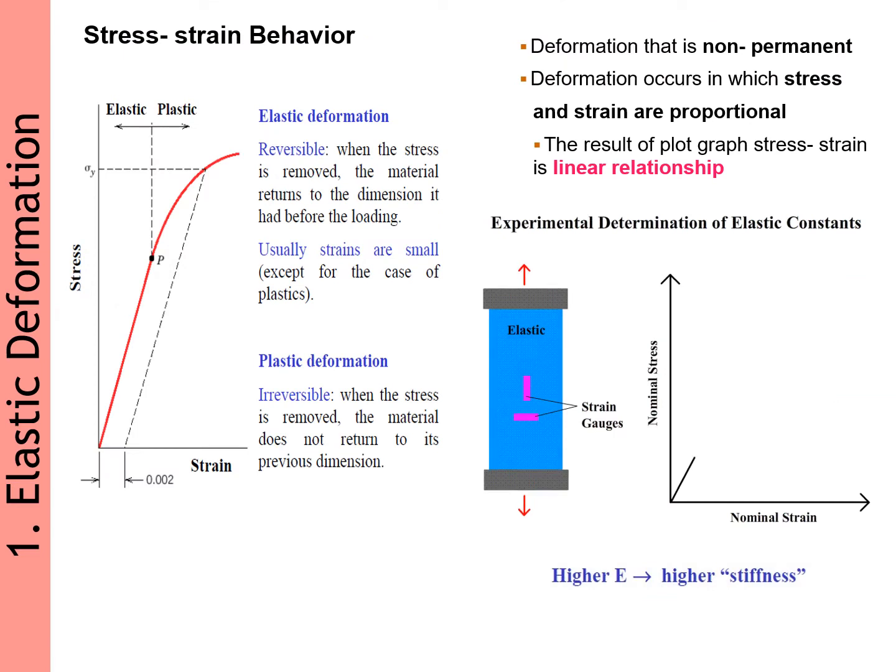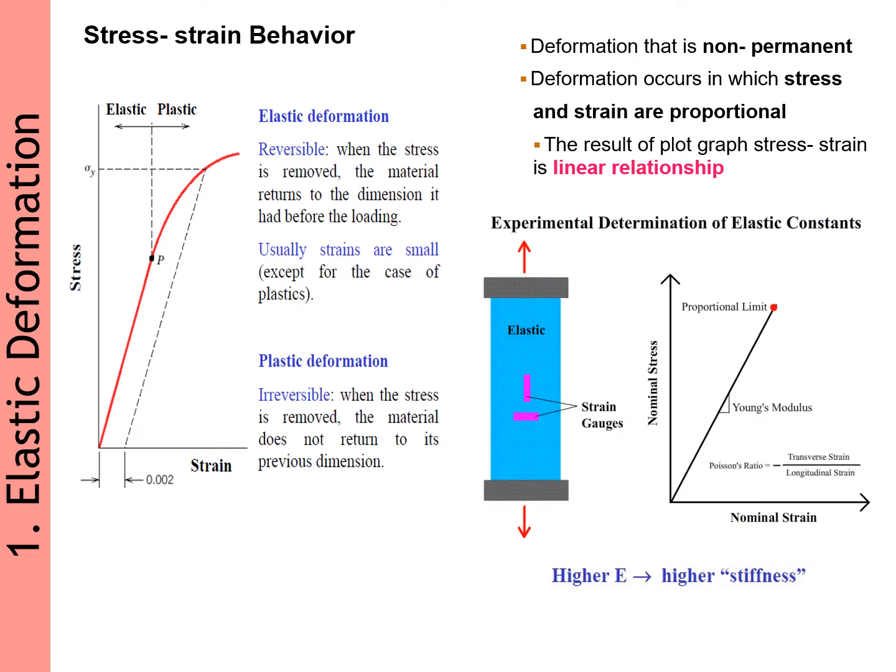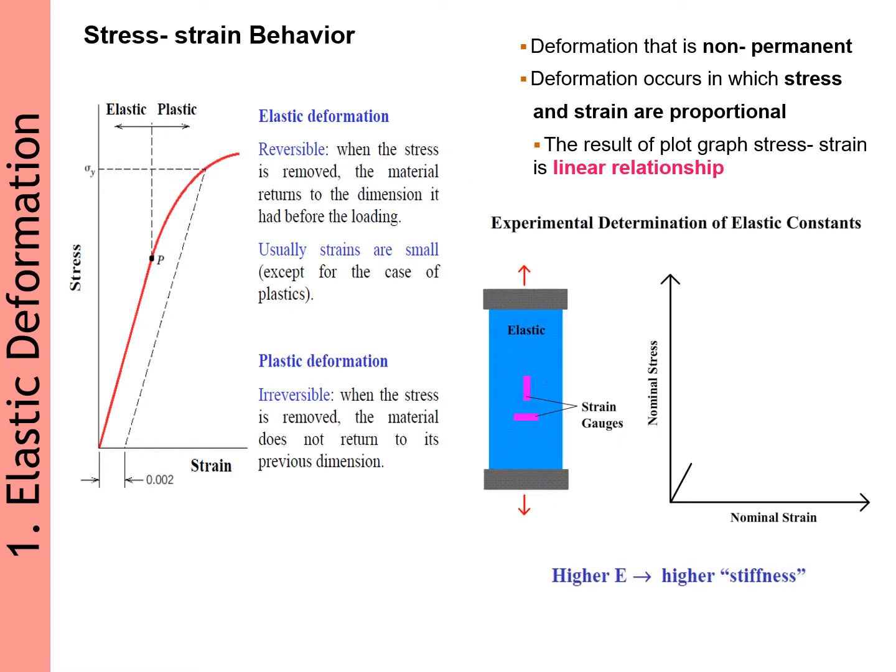Now the stress-strain behavior in terms of elastic deformation, which can be divided into two sections. This schematic stress-strain diagram shows the linear deformation for the loading and unloading cycle, with the movement of the sample shown from the normal stress and the nominal strain.